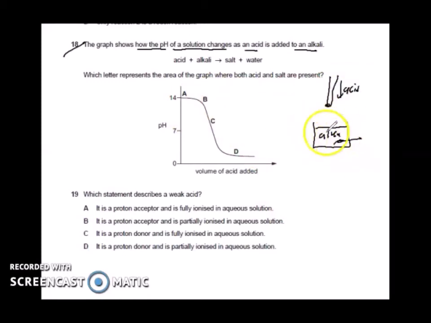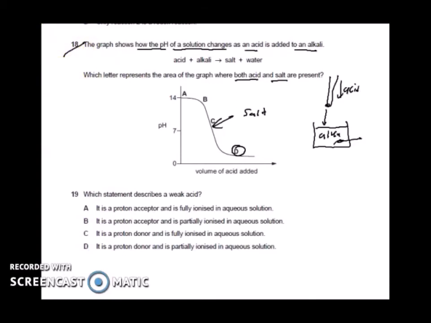It will be alkali first, then while the acid is dropping, it will reach a neutralization state. Because they want both acid and salt present together, once it becomes neutralized you will have salt. So to get more acid with the salt, your best choice will be D. So number 18 is D.